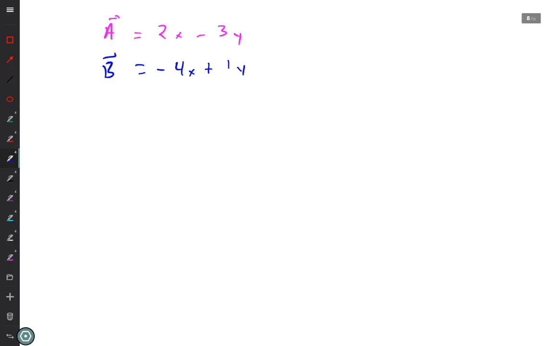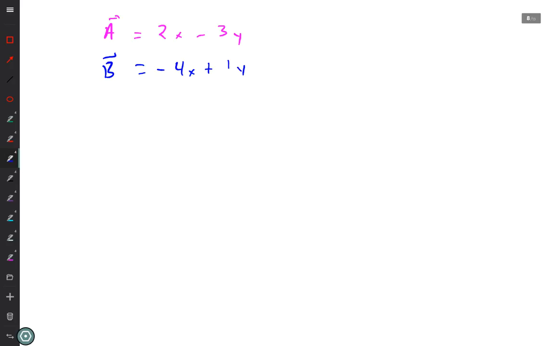Let's say I have A is equal to 2x minus 3y and B is equal to minus 4x plus 1y. Now, if I'm going to add this up, I can do the components without drawing a picture.